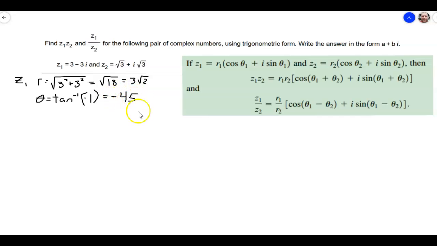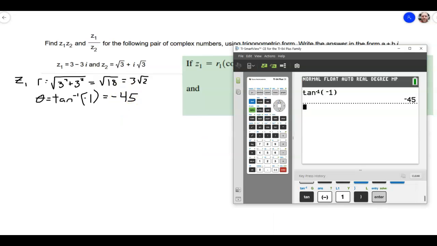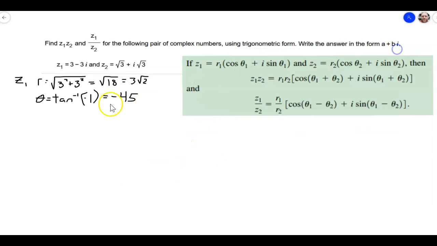So I could just leave it like that, or I could put that in standard form just so it looks nice on our unit circle. So let's add 360 to that. That's 315, a coterminal angle. So that's our theta here for z1.